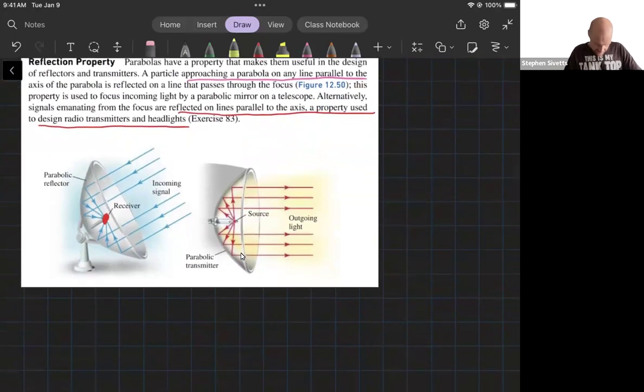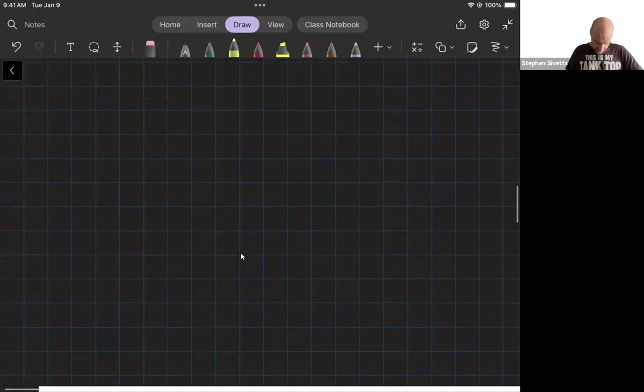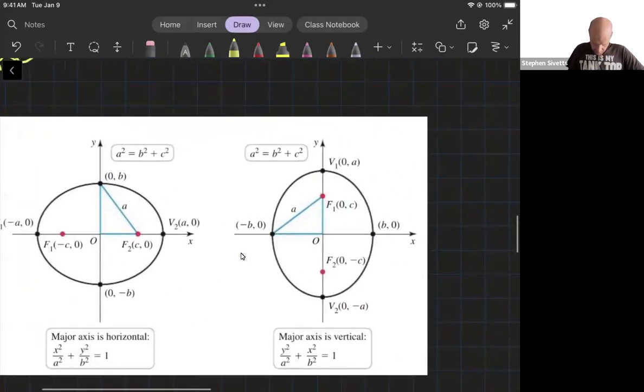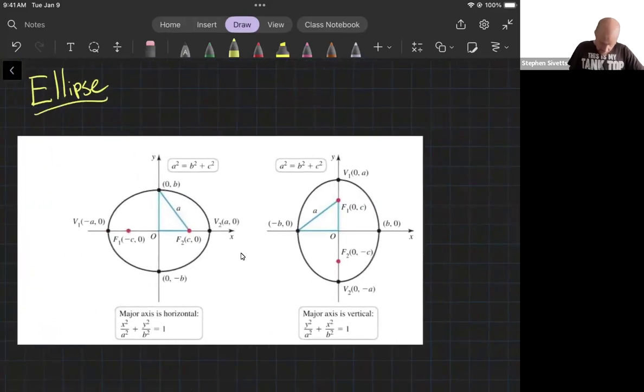So let's talk about the second type of conic section, and that refers to what's called the ellipse. The ellipse. All right. Not just the lip service. Okay. Now, there's two variations of drawing out an ellipse, right? The first type is where the major axis, the axis that has the larger diameter, is horizontal, right?